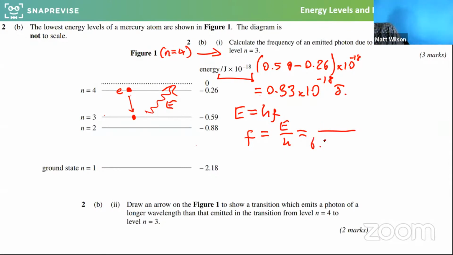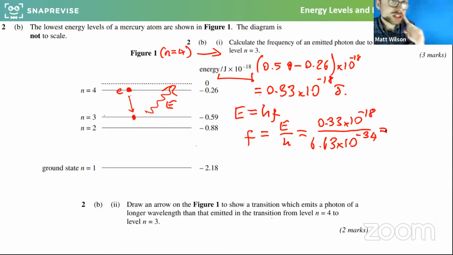Good. And the energy we already know, 0.33 times 10 to the power minus 18. If you chuck that into a calculator, you should find around 2.0 times 10 to the minus 15 hertz.